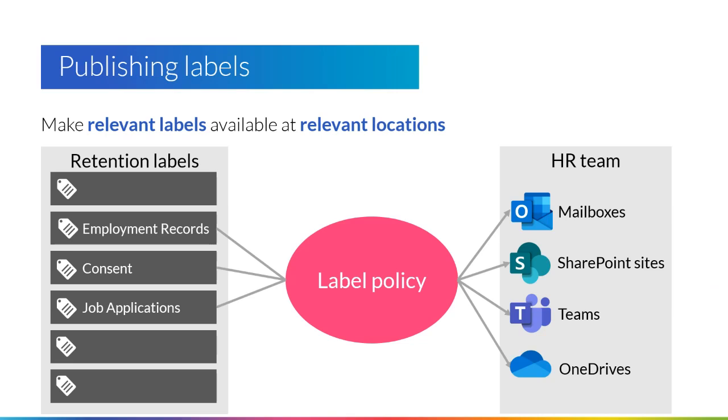We're using a label policy to make those labels available on the mailboxes of the HR team, on the SharePoint sites that the team uses, on their team if they're using Microsoft Teams, and on their OneDrive. So it's about targeting relevant labels to the right people.